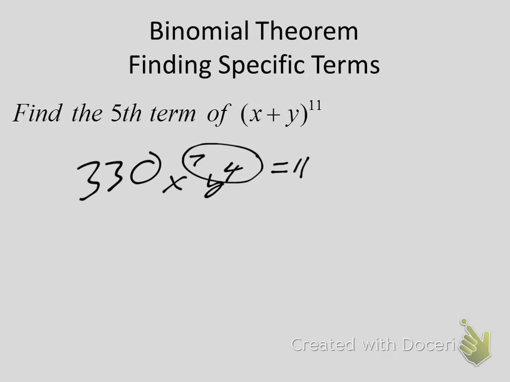You figure out that coefficient using your triangle. You go exponent plus 1 minus the term you're trying to find. That's your first variable's exponent. Make those two add up to the exponent itself. That's your second one. So this one is 330 x to the 7th y to the 4th.